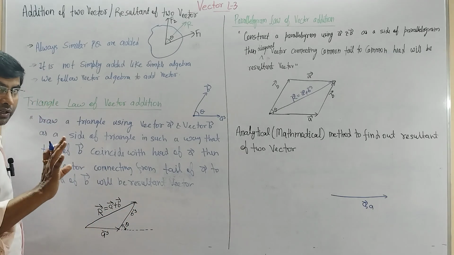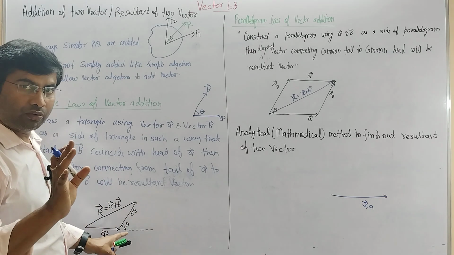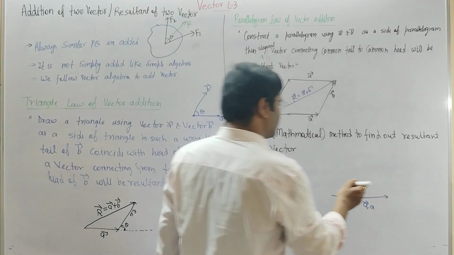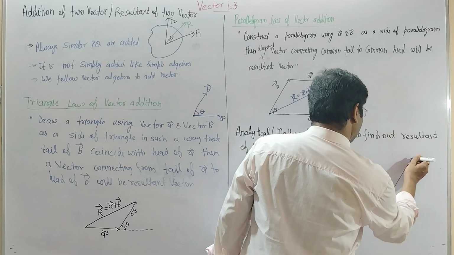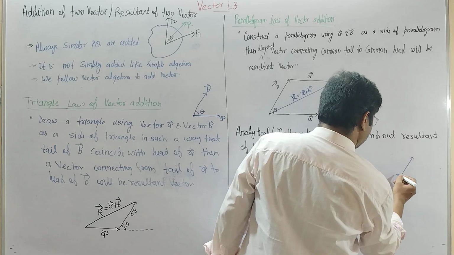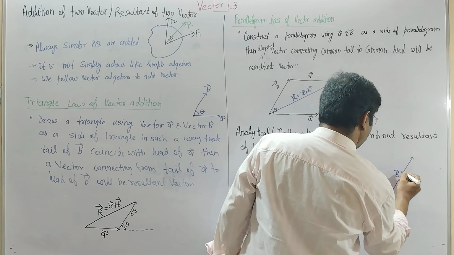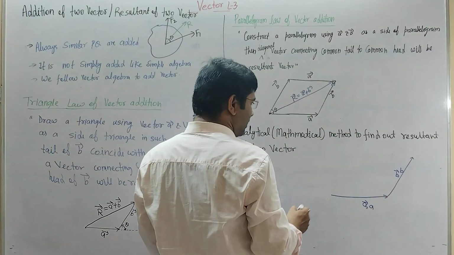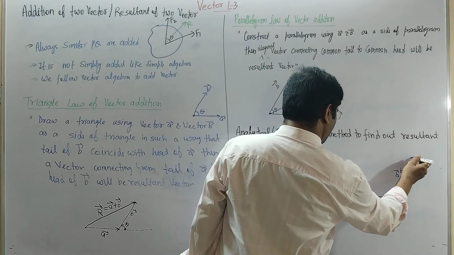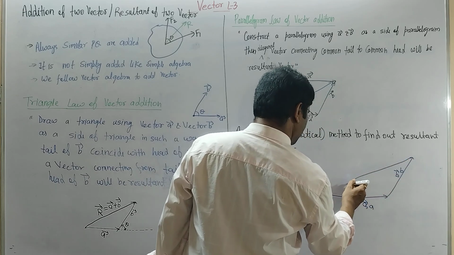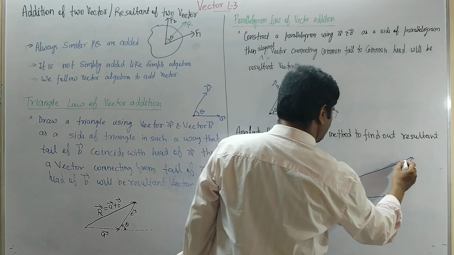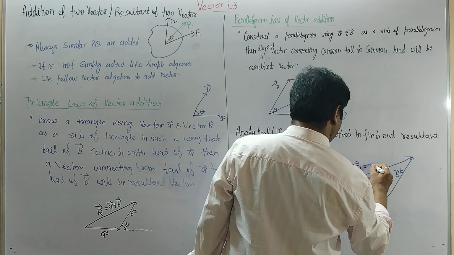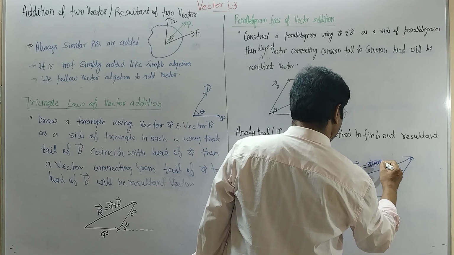We have not changed the vector value, direction as well as magnitude. So this is vector B, and the magnitude of this vector B I can write B. If I'm connecting here, of course this will represent the resultant vector R, that is equal to A plus B.